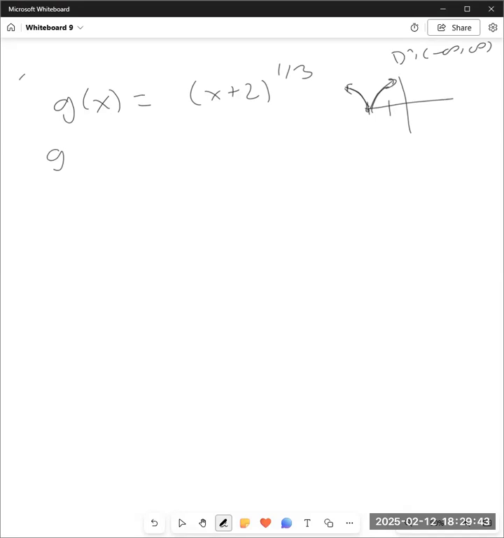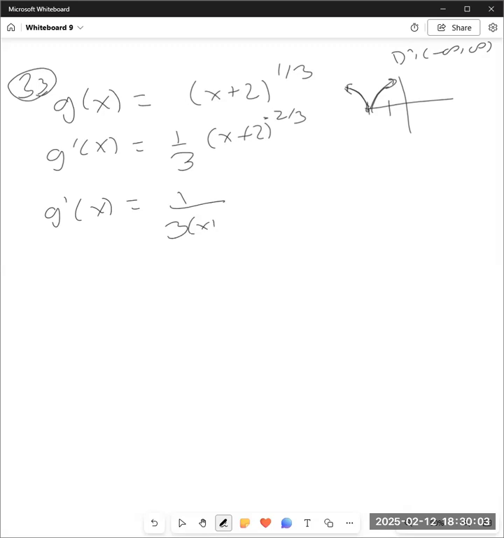G prime of x is equal to 1/3 x plus 2 to the negative 2/3. G prime of x is equal to 1/3 at cube root of x plus 2 squared.